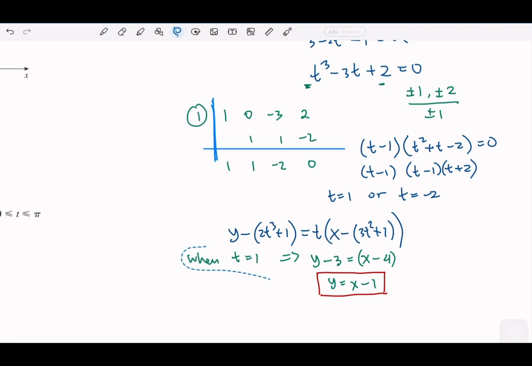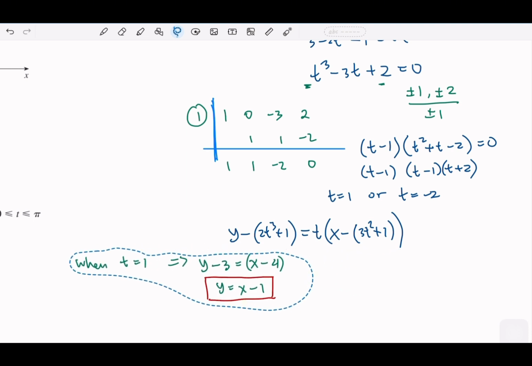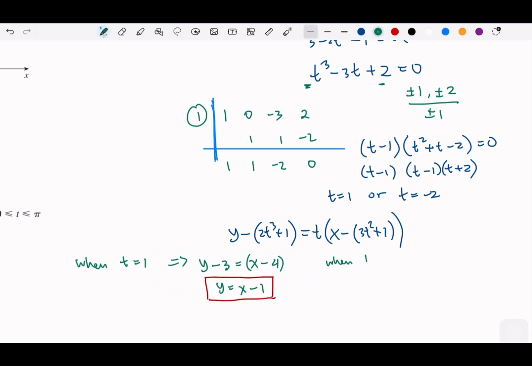Okay, let me move this to the left, and then I will write another one when t is -2. -2 cubed is -8, -16 plus 1 is -15.